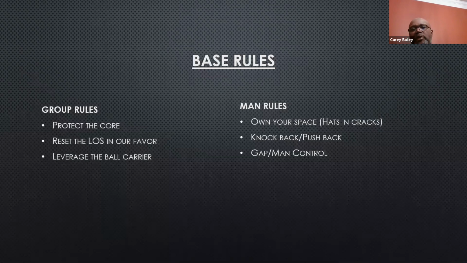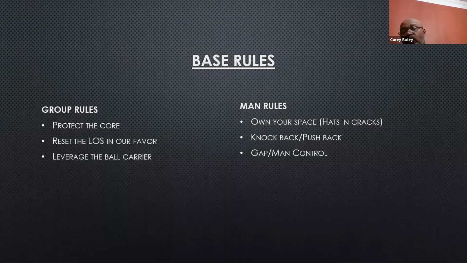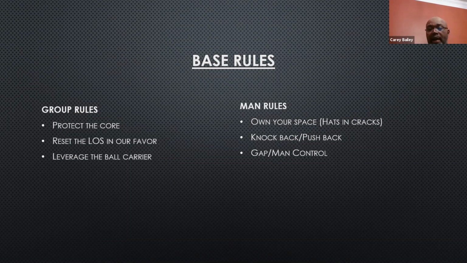So I want to make sure that per my gap and per the man that I'm lined up on, I'm leveraging the ball carrier through my gap, but then when that ball carrier attempts to cross from one gap to another, and I'm able to cross face, then I won't be able to fall back and make that play. But we have to make sure we maintain leverage and vice the ball carrier.